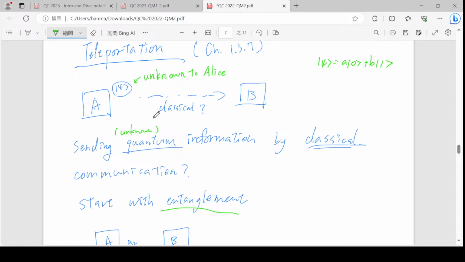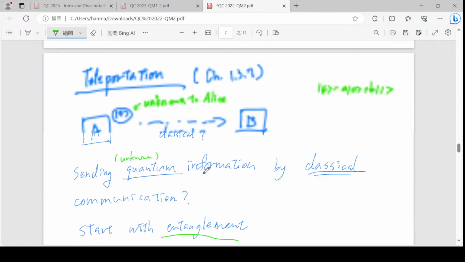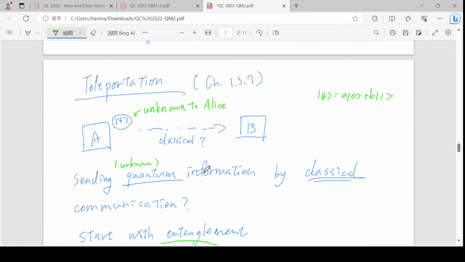So Alice and Bob still share entanglement, but now they want to send a quantum message. Basically, they want to send 1 qubit from Alice to Bob. But now they only have a classical channel. So they want to send a quantum message by sending a classical message.